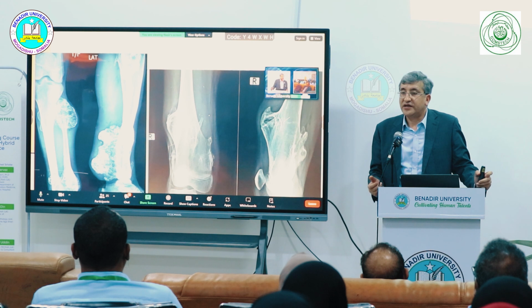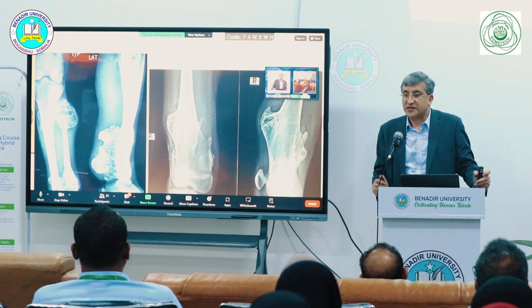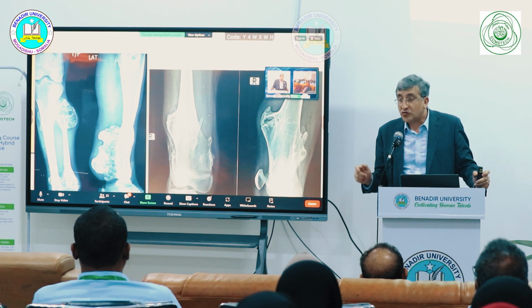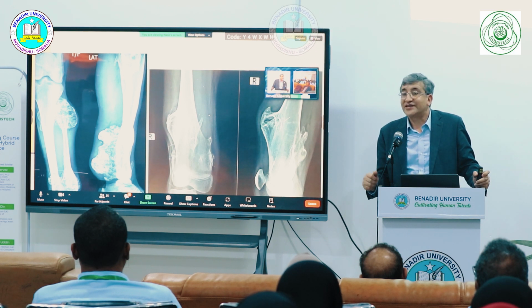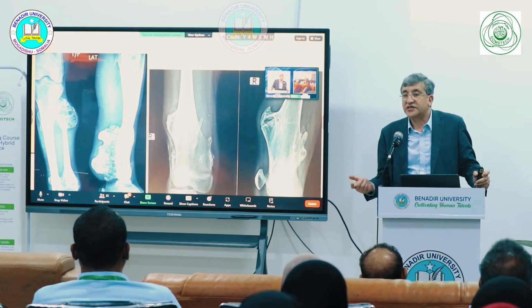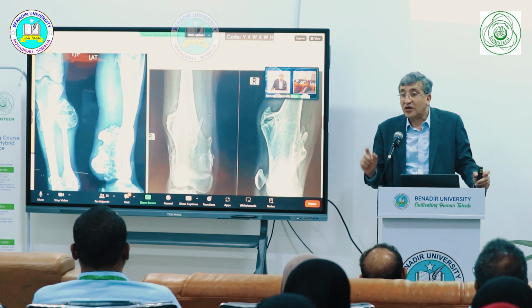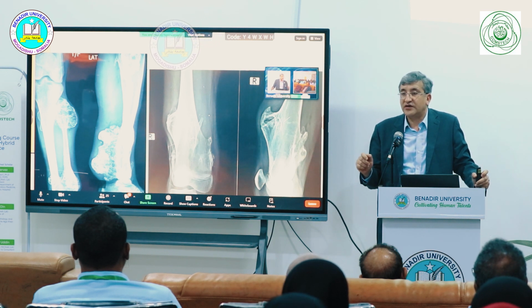Sometimes benign lesions can attain very huge size, but when there are multiple osteochondromas, there is risk of malignant transformation to chondrosarcoma, and it is increased to 5%. In a solitary osteochondroma, the risk of malignant transformation is less than 1%.